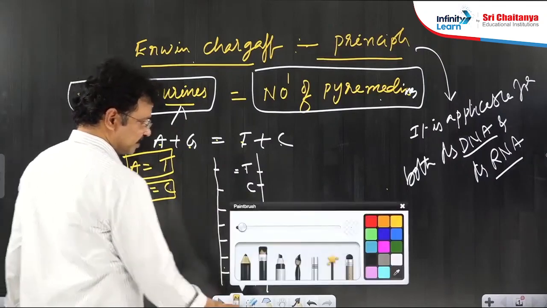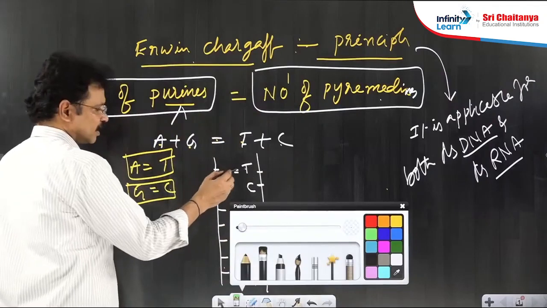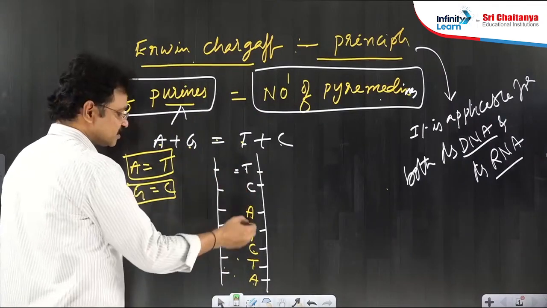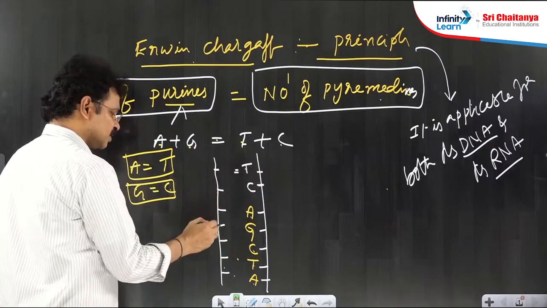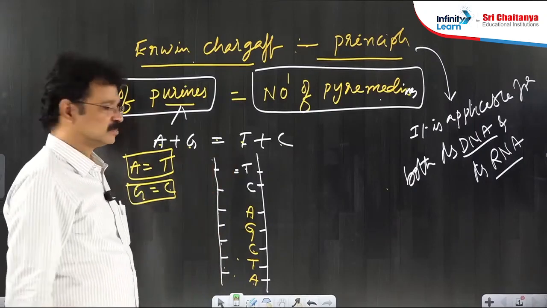Now give the answers. What is the complementary sequence for T, C, A, G, C, T, A? If the sequence is given as a question in an examination, we can fill in the sequence of nitrogen bases in the opposite complementary strand.